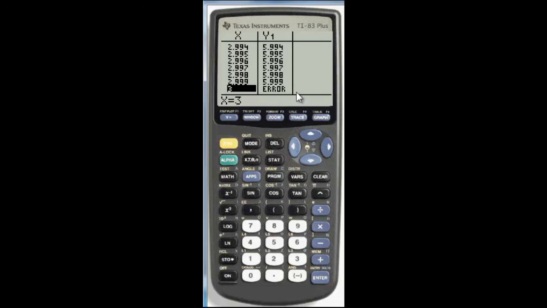At x equals 3, it's not defined. If you go just above 3, it's slightly above 6, which again indicates that the limit as x approaches 3 of f of x equals x squared minus 9 over x minus 3 is simply 6. And that's all there is to it.